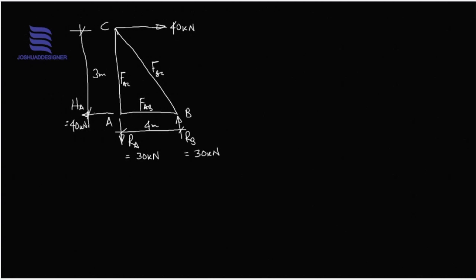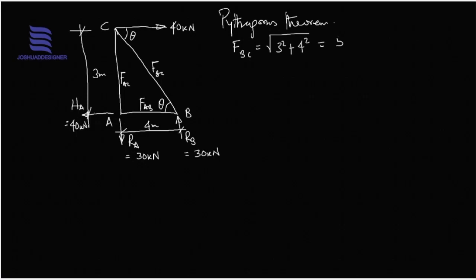To continue, these members form an angle here, which in turn will be the same as the angle here. But for this triangular figure, following Pythagoras' theorem, the length of FBC will be the square root of 3 squared added to 4 squared, and that would give us 5 meters.